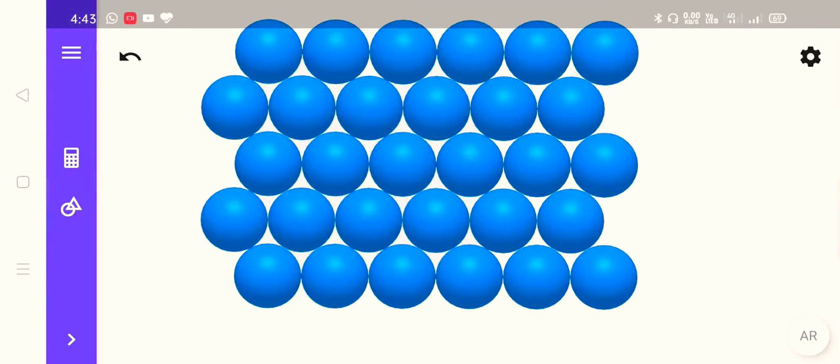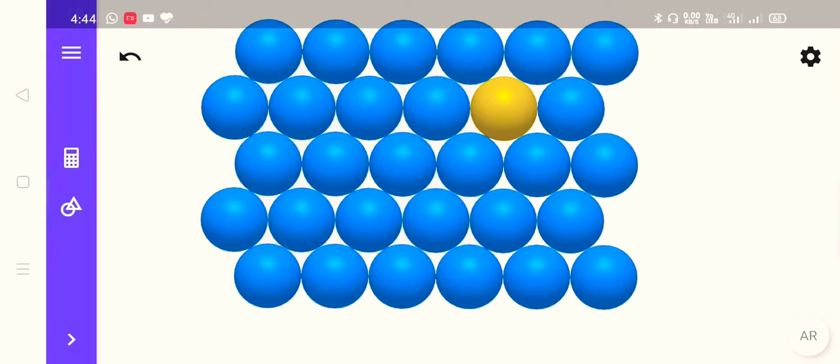So here we have AB type arrangement. First row is A type, then second row is B type, then third one is again A type, fourth one is B type. In square close packing we had AAA type arrangement, and in this case we have AB type arrangement. Now let us check coordination number of this close packed structure.